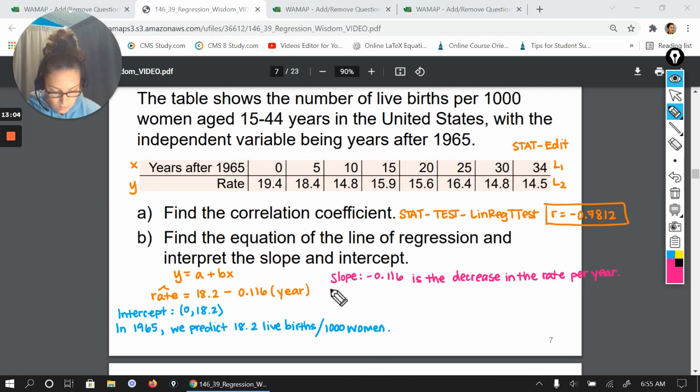So in other words, for each year increase after 1965, there will be 0.116 fewer live births per 1,000 women on average.